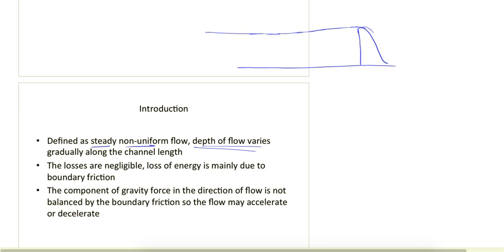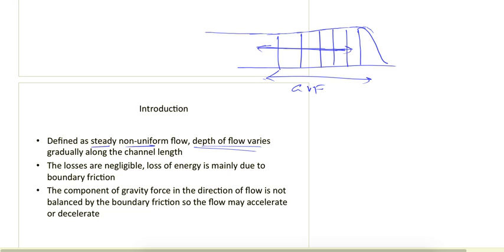Now in this zone the flow is not remaining uniform. It means the depth of flow is varying from section to section, but very gradually. This length will be in kilometers, so we can define it as gradually varied flow.